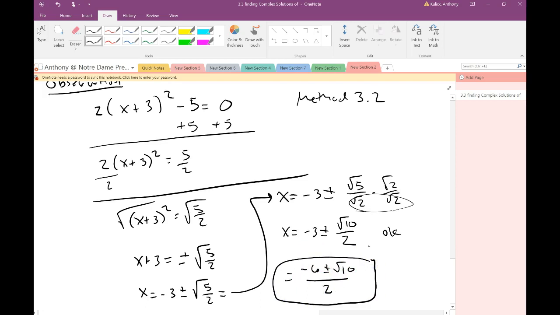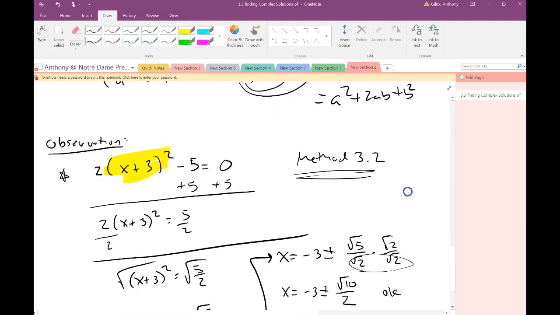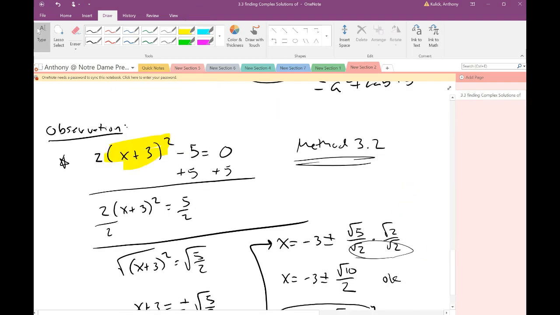So why did I point out that we can still apply our old method from 3.2 on something that looks like this? Because if I remember up here, this piece is really a quadratic equation in this form.